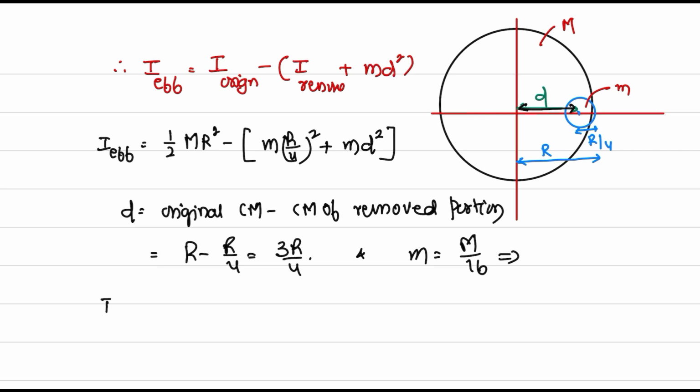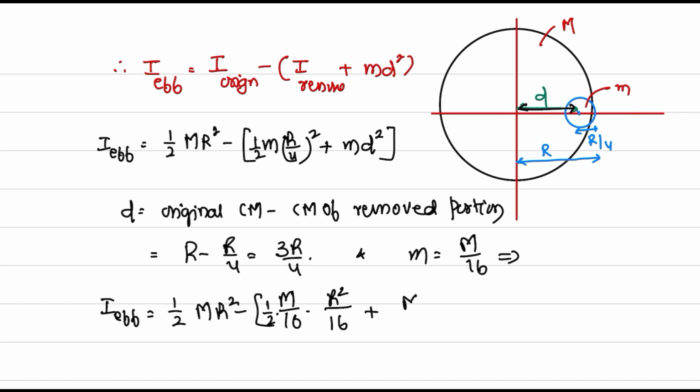That implies I effective is equal to half M R square minus, it is half, 1 by 2 into M by 16 into R square by 16, plus M by 16, with d as 3R by 4 whole square.